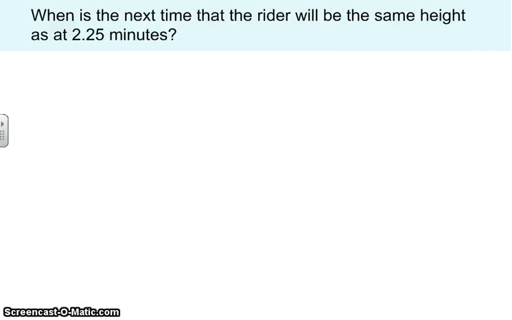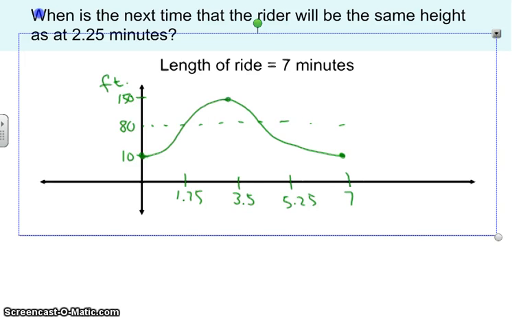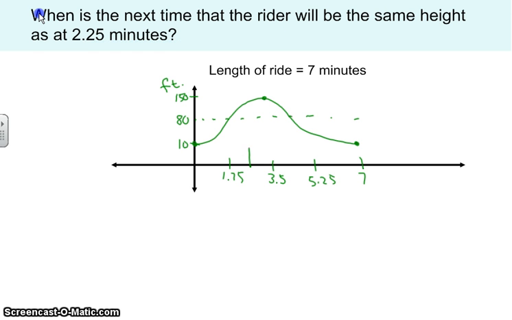In order to do this, I'm going to look again at my graph. And on my graph, the 2.25 is going to happen right in here somewhere. And they're 110 feet off the ground.